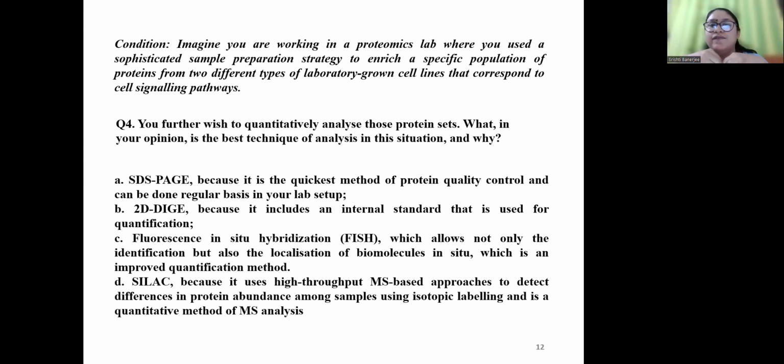You have devised a method so that a specific population of proteins is produced, keeping the rest aside, and that corresponds to signaling pathways. Now we want to quantitatively analyze these protein sets. Which method can be used here among the four: SDS-PAGE, 2D DIGE, FISH, or SILAC?